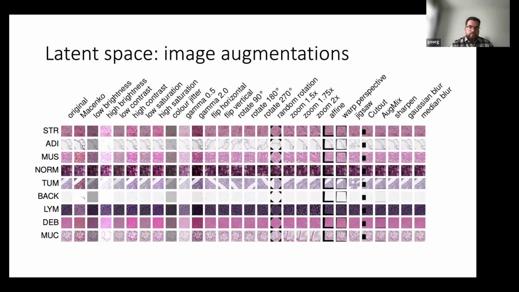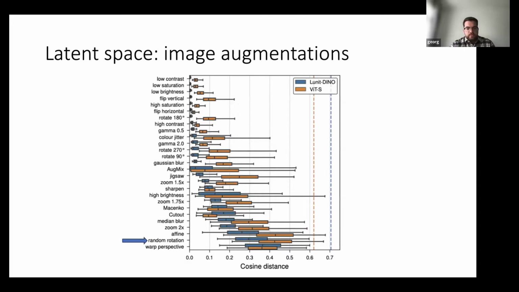Yeah, so for that, I could plot 30 different latent space visualizations, but that would be quite difficult to analyze. So instead, what we did here is we looked at the distances of those jumps in latent space. So how much does the feature vector change when you perform some sort of augmentation?